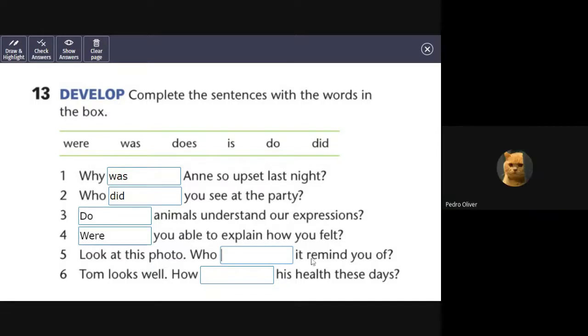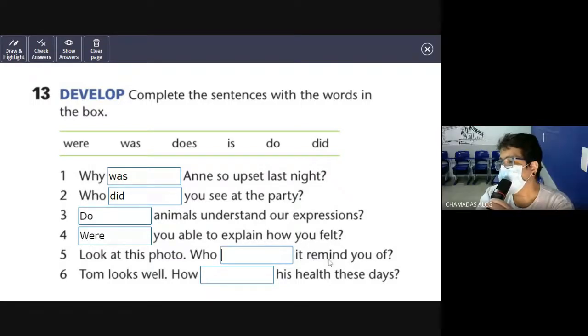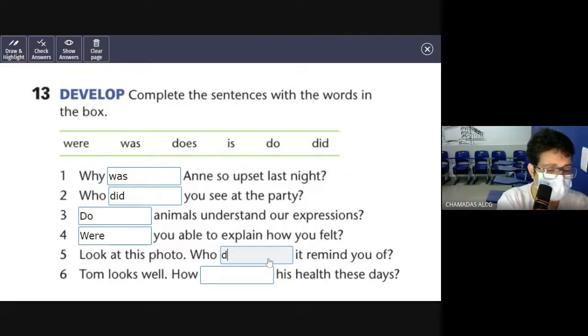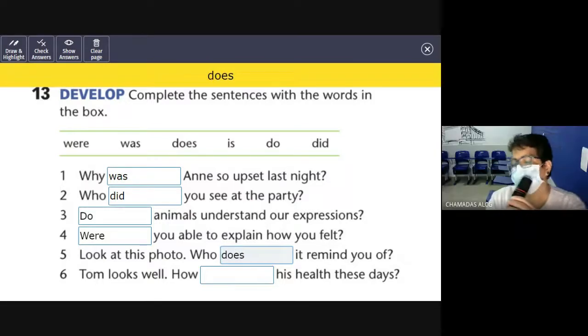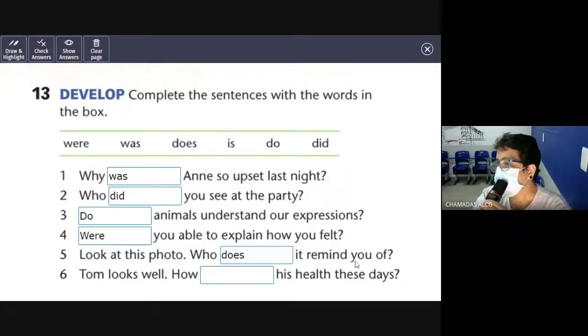Yes. Pay attention. We have remind. Remind is a verb, so I cannot put is here because I have a verb here. So I have to use does. Who does it remind you of?